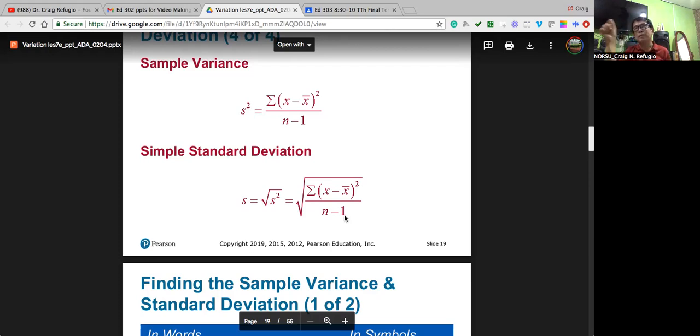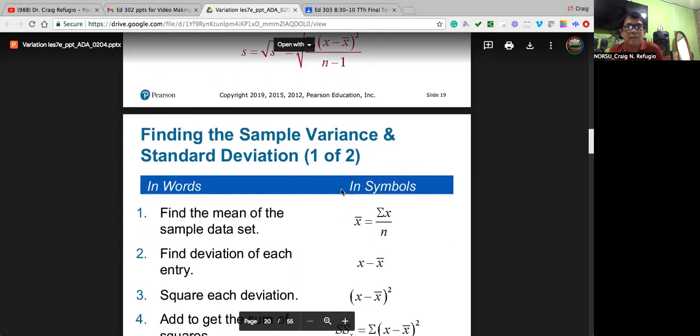So the square root of s squared is s, the sample standard deviation, and s squared is what we call the sample variance. So we have 4 different symbols for now: sigma squared, population variance; sigma, population standard deviation; s squared, sample variance; and s, the sample standard deviation.